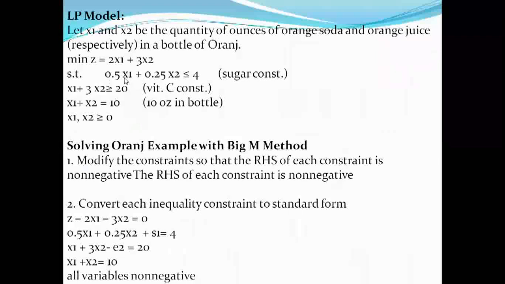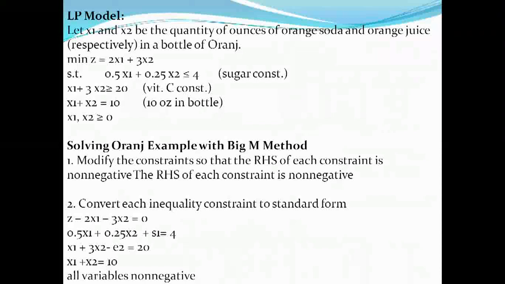If x1 has been given, simultaneously x2 can be identified. If x2 has been given, then x1 can be identified. So like that, if x1 and x2 are not mentioned, directly we will be choosing a large positive number and applying it with respect to any one of them.